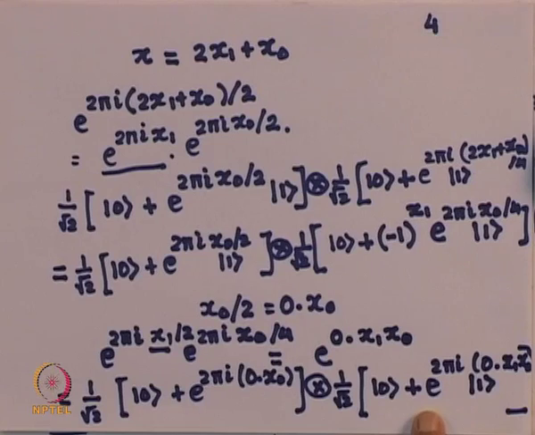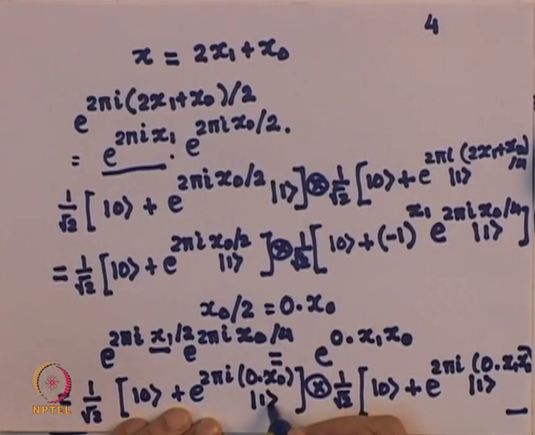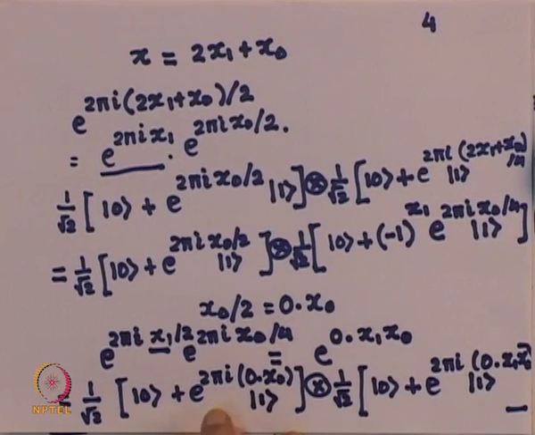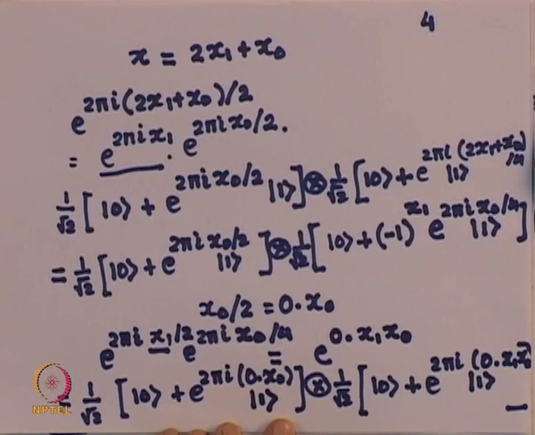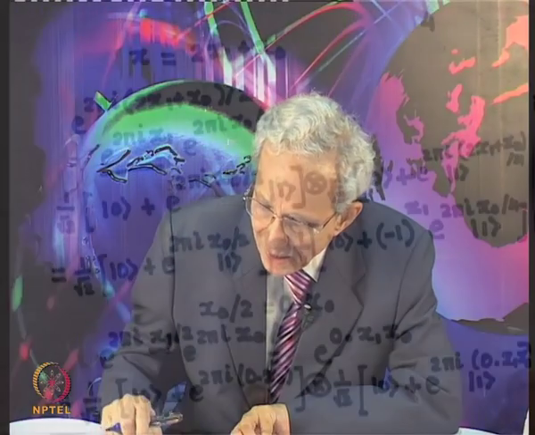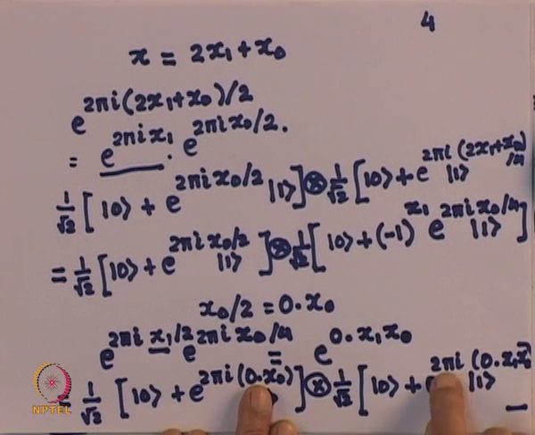The thing that I want to point out is the following: actually this term is not particularly important, because here I get minus 1 to the power x0, which is nothing but an ordinary Hadamard transform. But supposing I transform the first qubit with a Hadamard, then this term, where there is a phase rotation depending upon what the value of x0 is, I will have a problem.